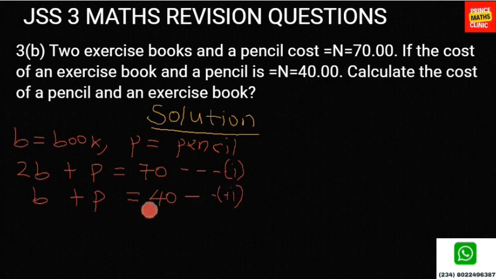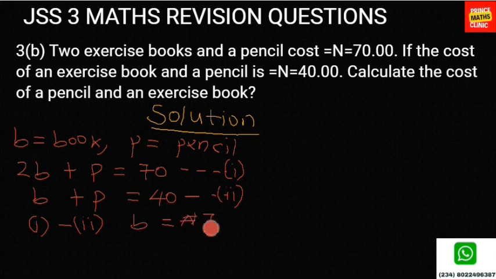So the easiest way for me to do is to subtract equation 2 from equation 1. So I'll say equation 1 minus equation 2. So doing this, 2b minus b is b. B minus p is 0. Then 70 minus 40 is 30.